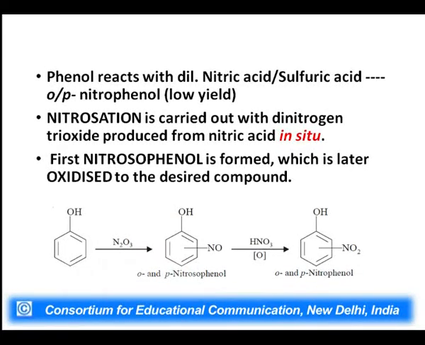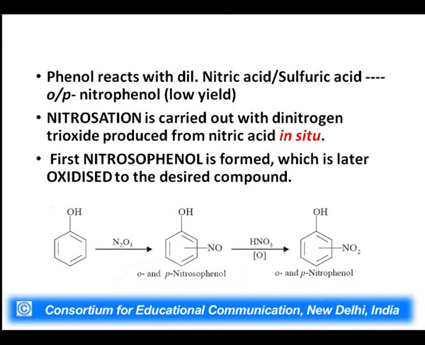The first is the normal way that we do, the very popular method, that is by treating it with nitrous acid, that is reaction with NaNO2 and HCl, when the nitrosonium ion is prepared in situ. Or we can carry out the reaction with dinitrogen trioxide, when it acts as a nitrosating ion, and it brings about the reaction.